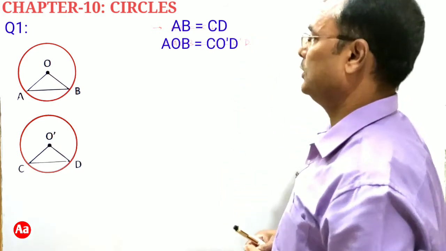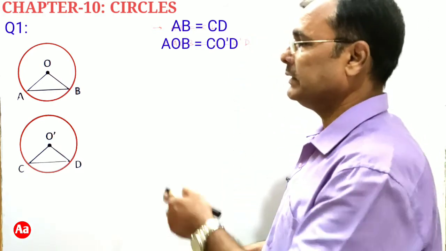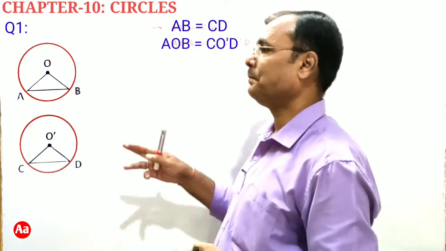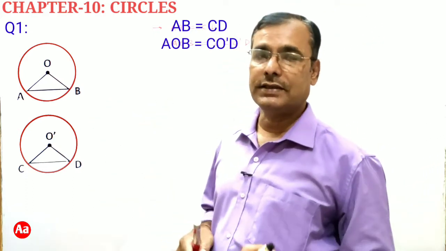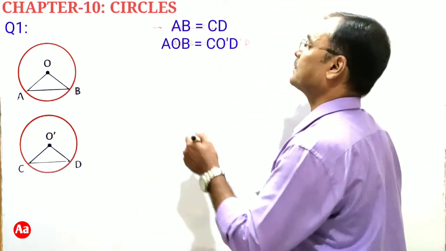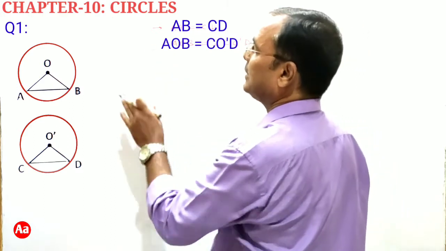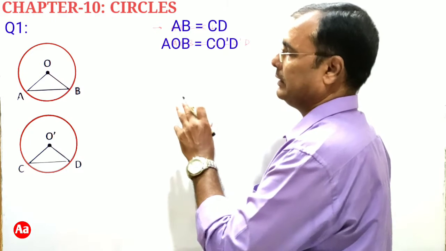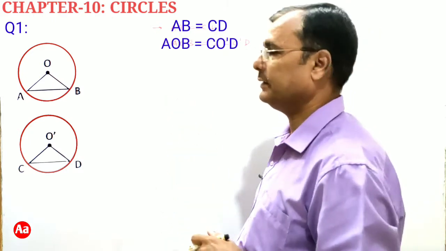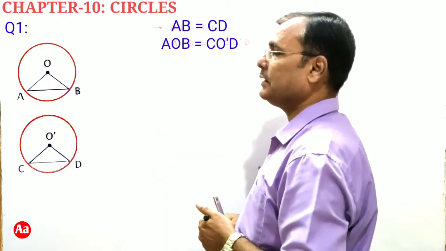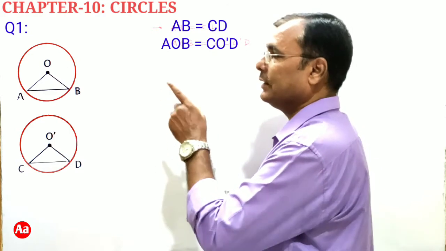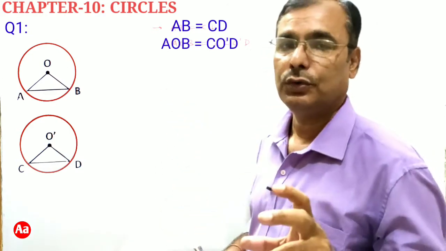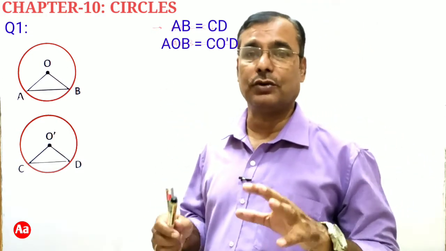This we have to prove. Let's take triangle AOB and CO'D. Since circles are congruent, therefore they will have equal radii. That is, OA is equal to O'C, OB is equal to O'D, because circles are congruent.